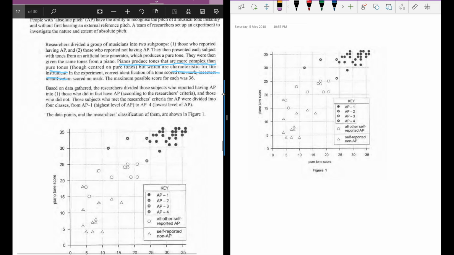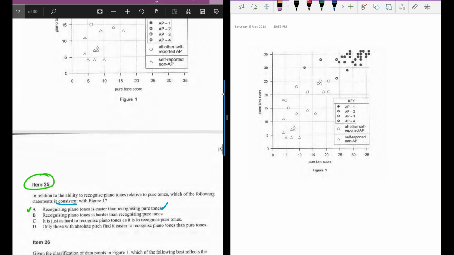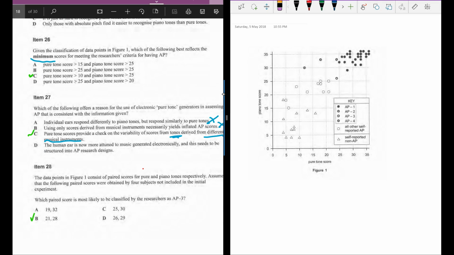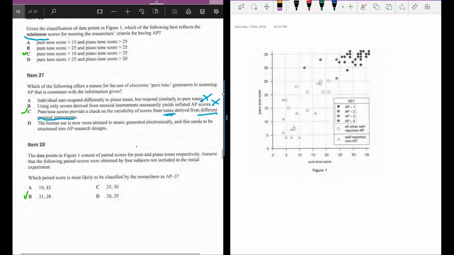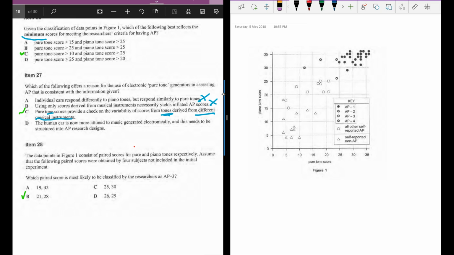So we have a variability of tones derived from musical instruments, and the pure tones give us a baseline check to compare those. So that one fits. And D, the human ear is now more attuned to music generated electronically, and this needs to be structured into design. No, there's no information about that in the text. So the best fit for the information given is C.